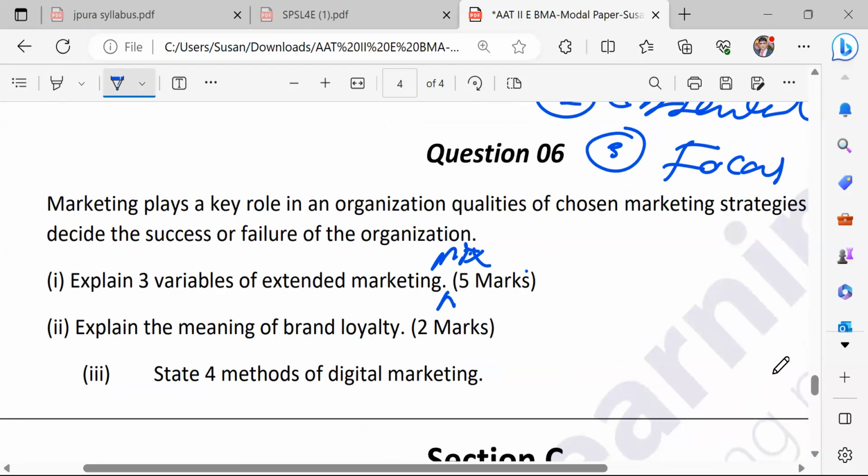Right. In the marketing mix, we have understood 4P marketing, which is known as the traditional marketing mix. And we added another 3. Then 7P is known as the extended marketing mix. What are those?